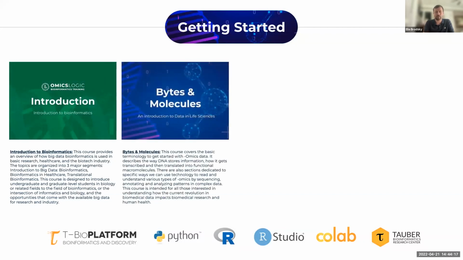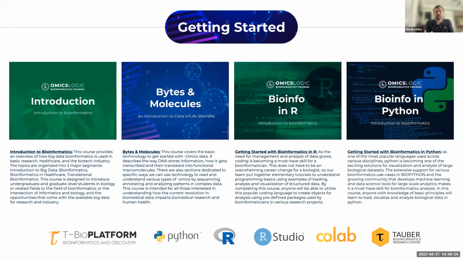In our Introduction to Bioinformatics program, which is, by the way, available for free across NEPI and LBRN, is a brief introduction to the applications of bioinformatics, the need of bioinformatics in different domains, the intersection between biological and data concepts, and an introduction to the technical side of bioinformatics, which is coding in R and Python.